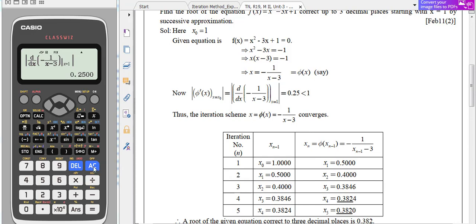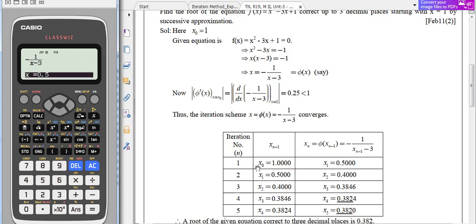Once again you go for the calculator and enter phi of x, which is minus 1 by (x minus 3), then operate the calculate key and provide x value as 1, as x0 value is to be given here, and then press the equal to key to get its value, which is 0.5. As we are asked to calculate the root corrected to 3 decimal places, we note down the values corrected to 4 decimal places by fixing the calculator for 4 decimal places.